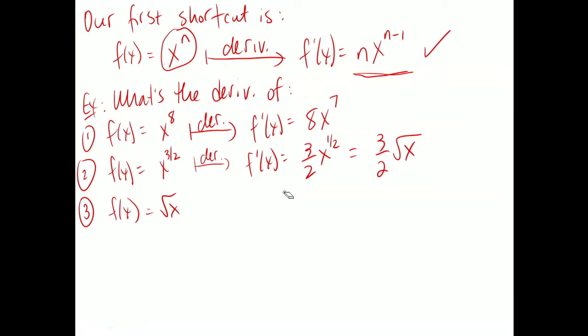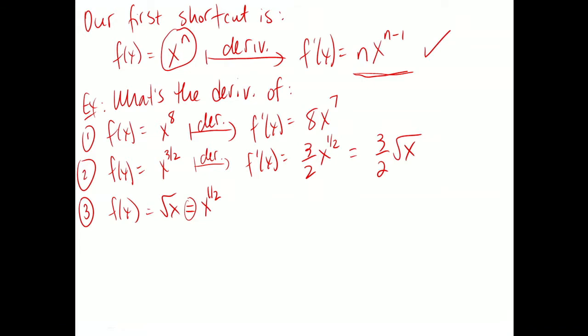I know that the square root of x is actually the same thing as x to the 1/2 power. Now that's a fact. I didn't do a derivative or anything yet. That's just a rewrite, just like instead of saying 2/4, you can say that's the same thing as 1/2.